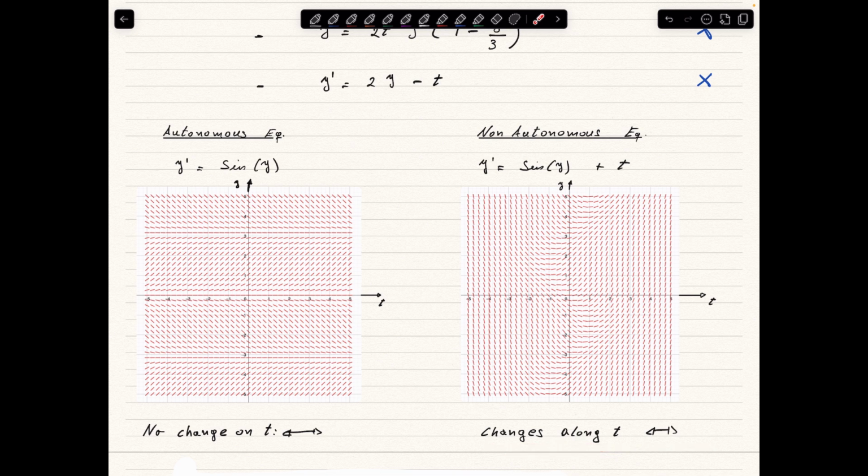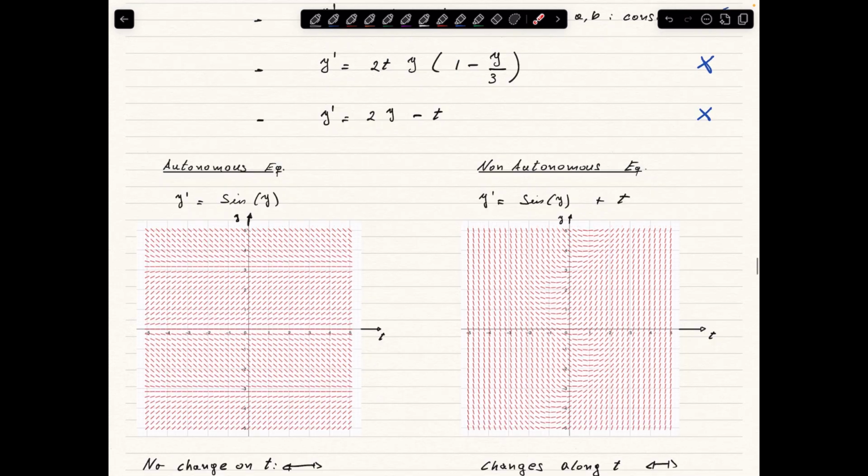Look here, for example, vertical, here is zero, here is positive, here is vertical but negative. So it changes along the horizontal axis. So it's very easy to spot which equation is autonomous and which is not when you look at the slope fields. Okay, hopefully we know what an autonomous equation is now.